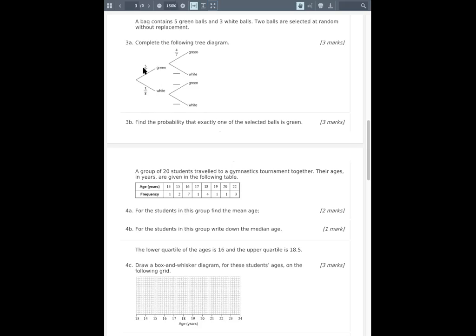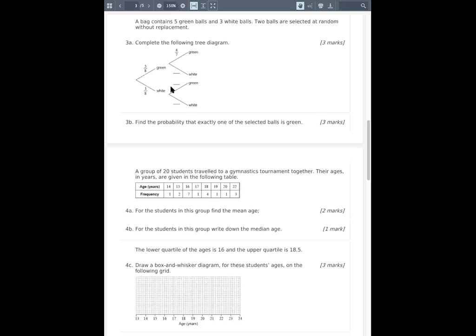First you would start off on your top section because it's given to you. So you would do 5/8. And since it's only asking for the probability that one of the selected balls is green, you have to look at the opposite color, which is white. So since we determined it was 3/7, your first operation would be 5/8 times 3/7.